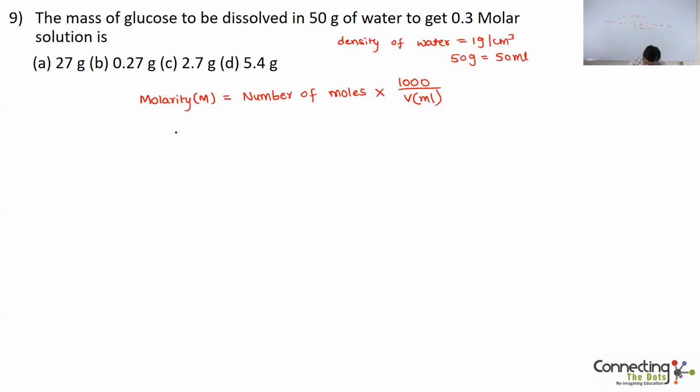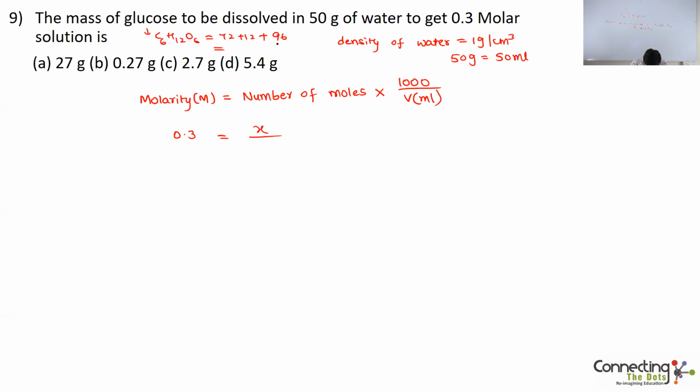So molarity is given, 0.3 is equal to number of moles. Number of moles is nothing but mass by molar mass. Mass, let us say it is X, divided by molar mass of glucose. Glucose is C6H12O6. So it is 12 times 6 is 72, plus 12, plus 16 times 6 is 96.